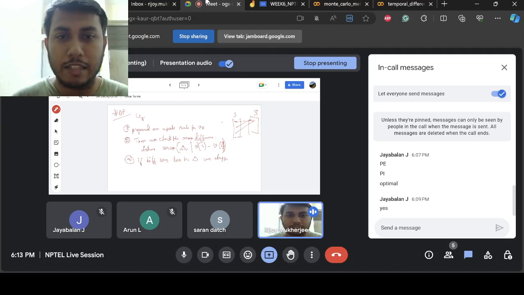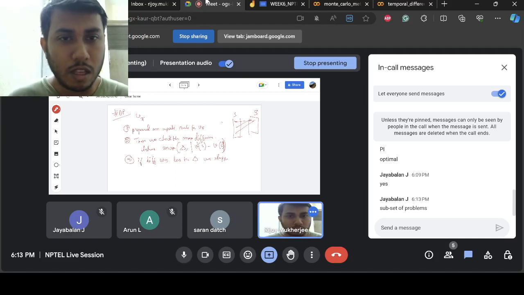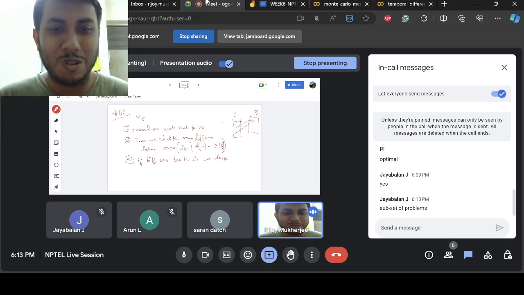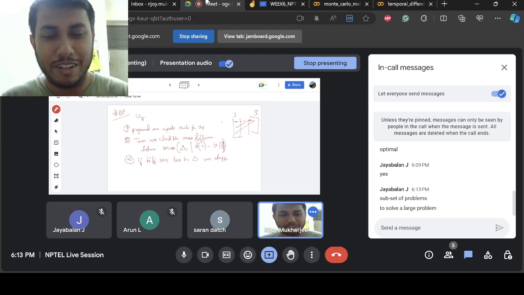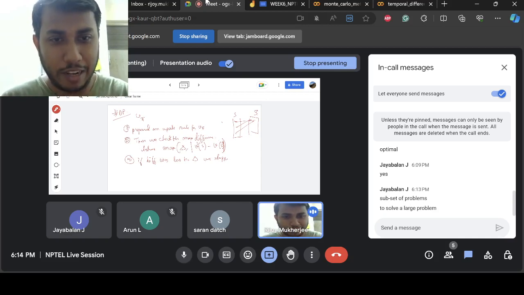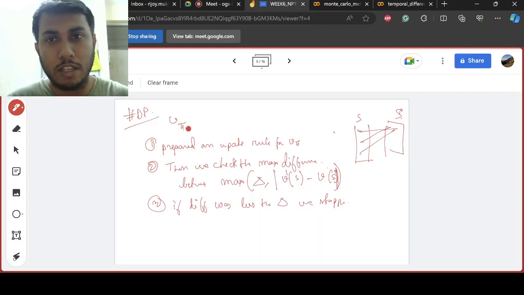So this part is clear. Basically, you are not only doing a subset of problem, but you are storing the subset of problem. Subset of problem is also in divide and conquer, but this is different. In DP, you are storing the solution of the previous layer and then doing it. So this part was your policy evaluation.